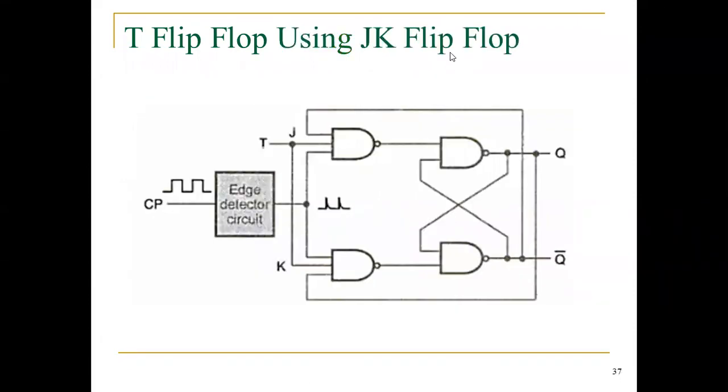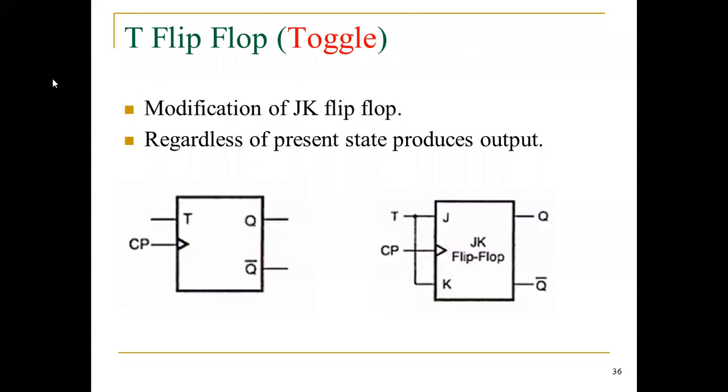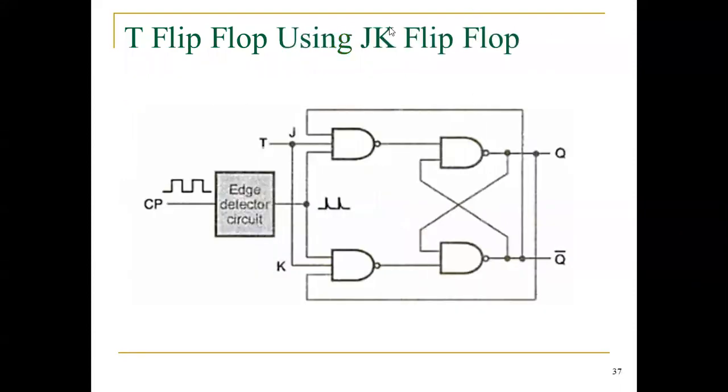So for T flip flops, I already mentioned how we can obtain them from the JK flip flop, just by shorting the two terminals J and K. That means here the J and K terminals are short circuited, and we can obtain the T flip flop.